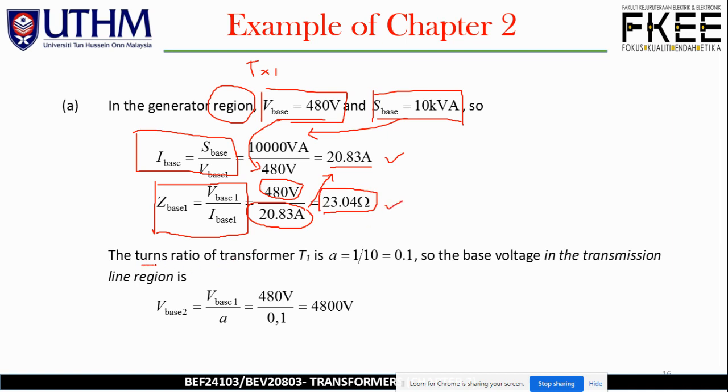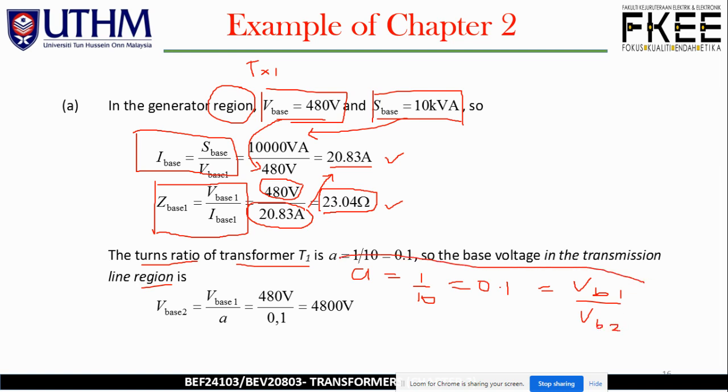And then the turn ratio of transformer T1 is A equal to 1 over 10, or 0.1. So the base voltage in the transmission line region is V base 2 equal to V base 1 over A, which originally comes from A equal to V base 2 over V base 1.